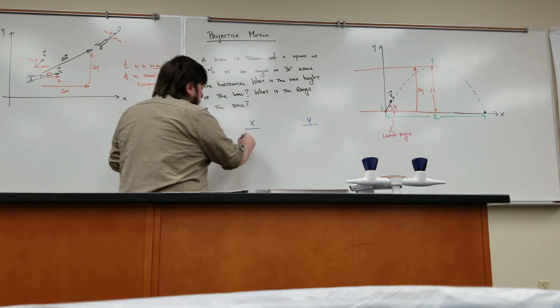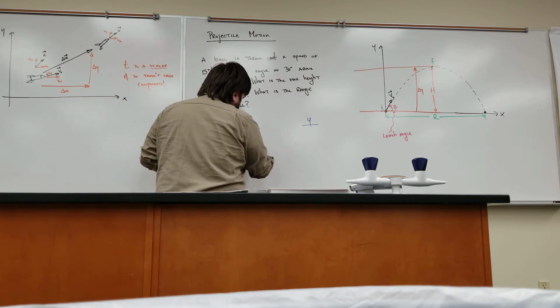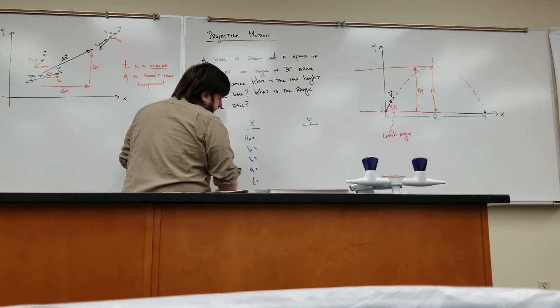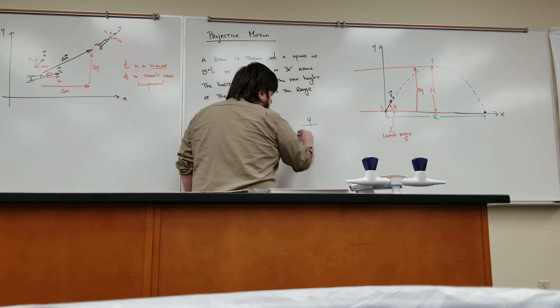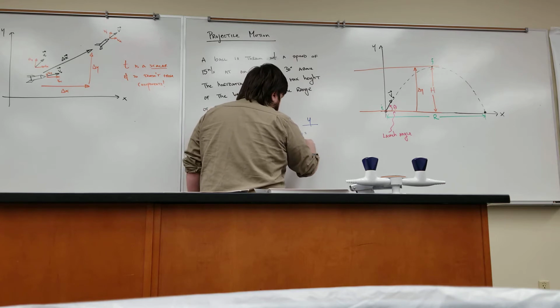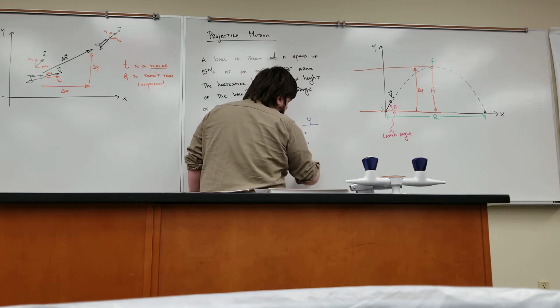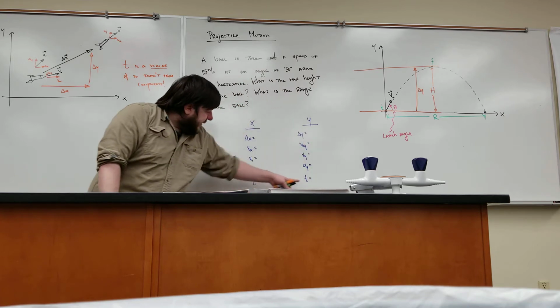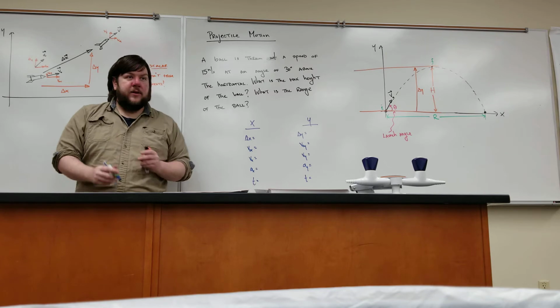We're going to have delta x, v naught x, vx, ax, and then time. For y, we're going to have delta y, v naught y, vy, ay, and then time. Remember that these times are the same.